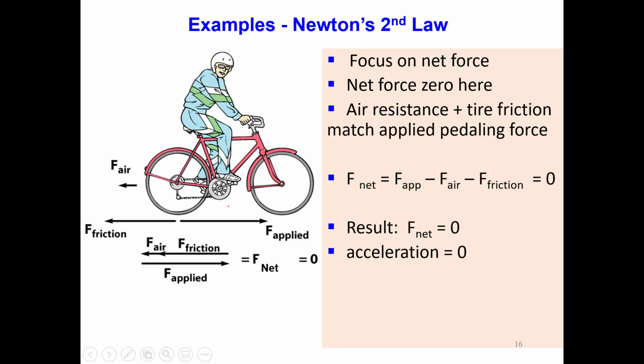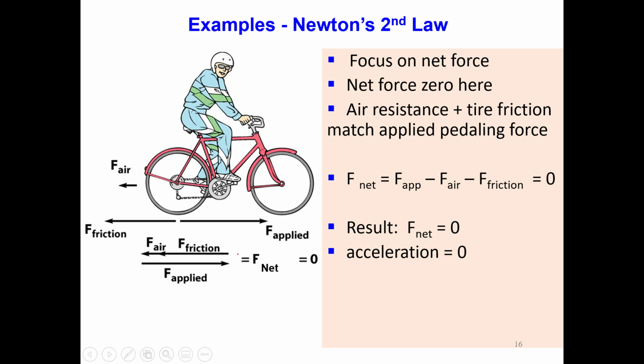And what happened in this case is, we had this rider that is pedaling, is moving, and the forces applied on the system of bicycle plus rider are the resistance of the air, this force, the friction between the wheels and the road, and the other force is the force applied by the rider to the bicycle, because it's moving.